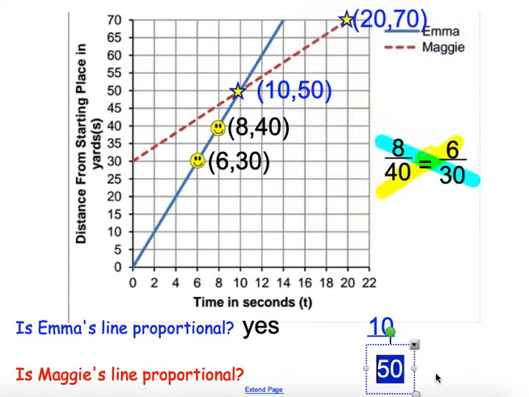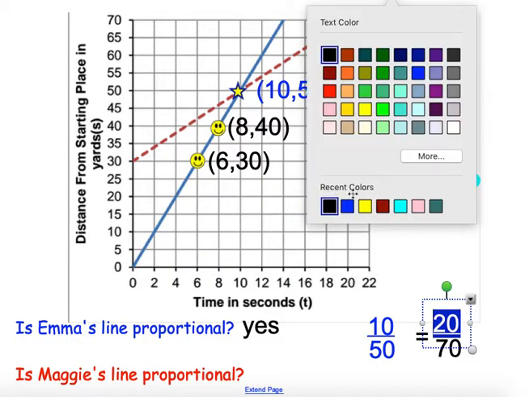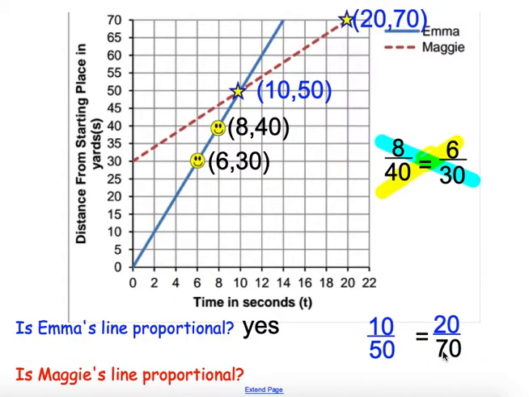You see how annoying this is? Changing colors. Equals. The other point is going to be 20 to 70. We're just going to give up on the blue for now. Doesn't it make it look like a fraction? Yeah. I think I'll get faster at this.